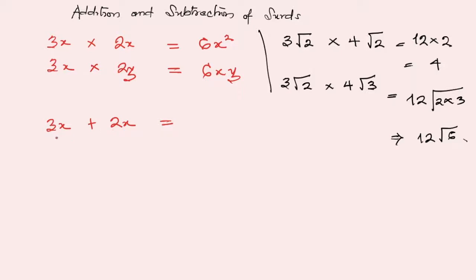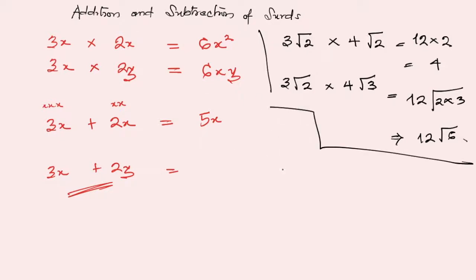In this case, this is going to give us 5x. And if we have 3x plus 2y, well, this is not combinable, so we'll leave them like this. And that's exactly what we do when we're adding surds as well.